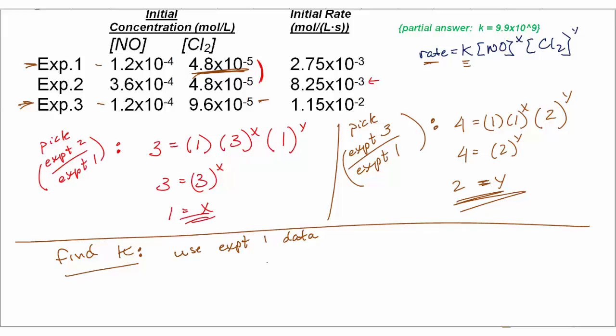Okay, so my rate, experiment 1 data, 2.75 times 10 to the negative 3 has to equal the rate constant, right? I'm just copying this.